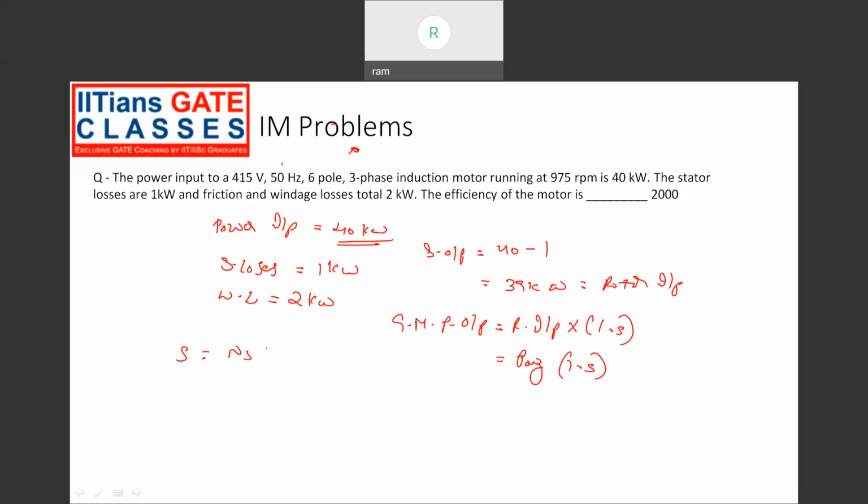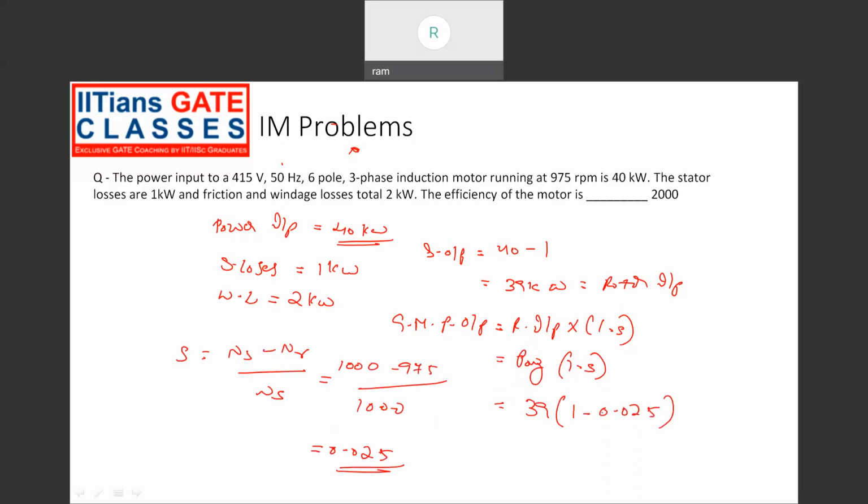Slip equal to NS minus NR by NS. NS is 1000 RPM minus NR is 975 by 1000. That is 0.025. So the gross mechanical output is 39 kilowatt into 1 minus 0.025. So this is 38.02 kilowatt.